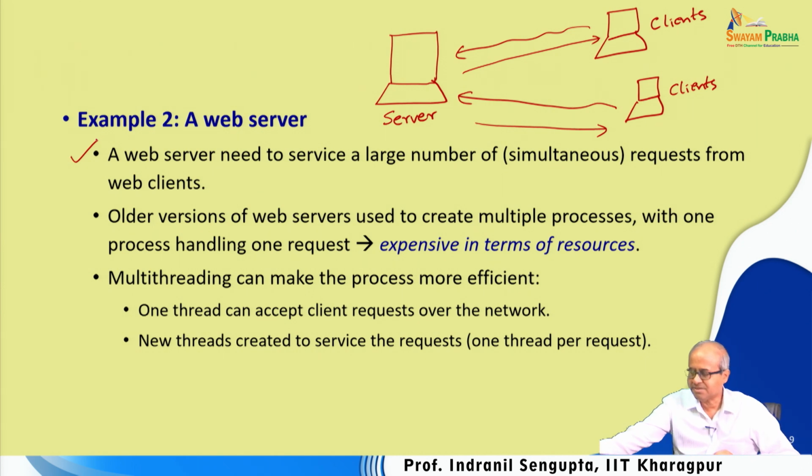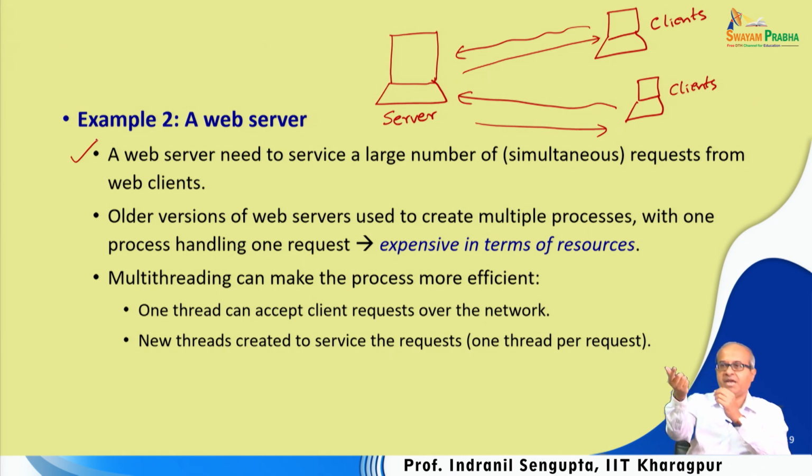The idea is like this: let us say I am a web server. What am I doing? I am waiting for requests from clients. I see that a new request has come. What do I do? I fork a child process and ask the child process to please contact that client and respond to whatever request he is sending.